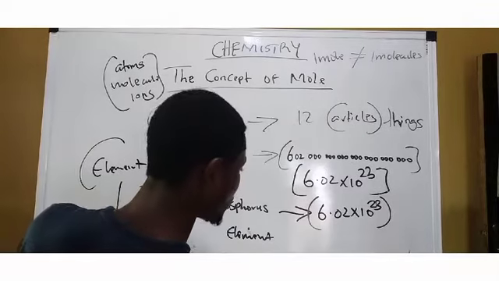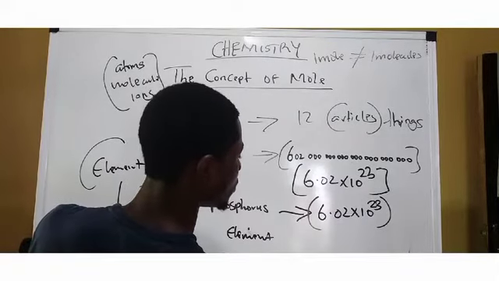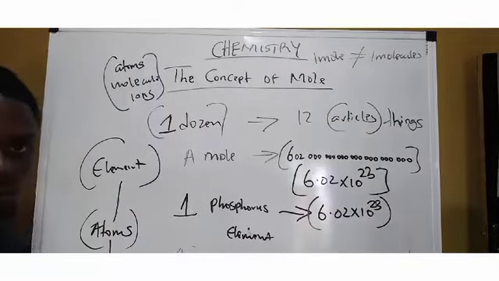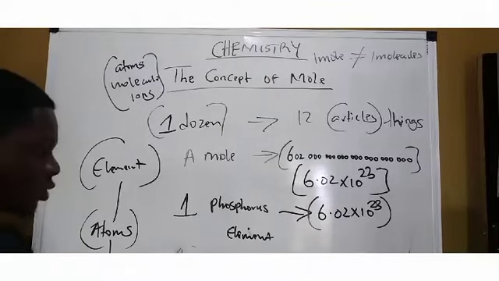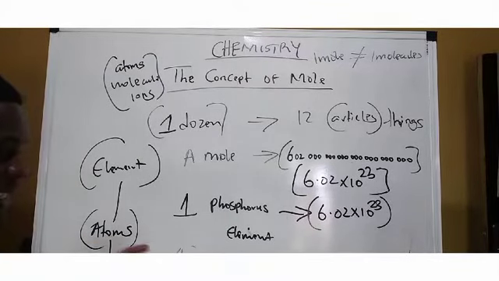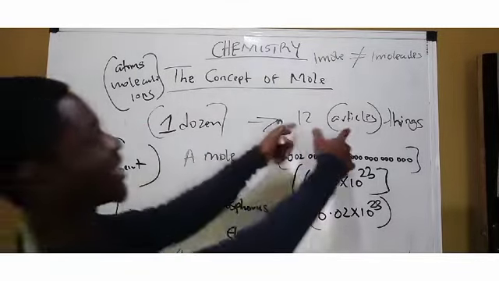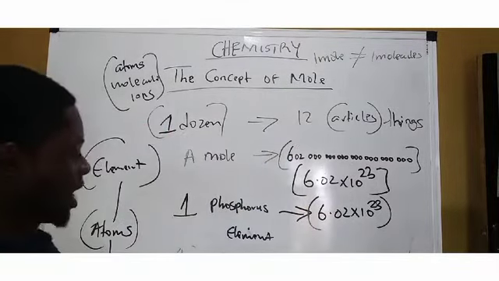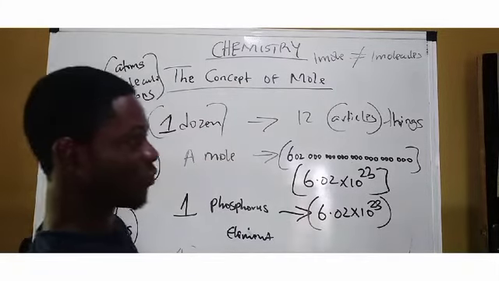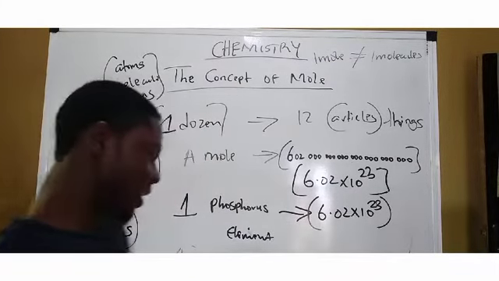It's equivalent to 6.02 times 10 to the 23rd. So that's what it basically means. Just the way 12 articles is equivalent to 1 dozen, particles of a particular substance in this amount give you 1 mole of that substance.